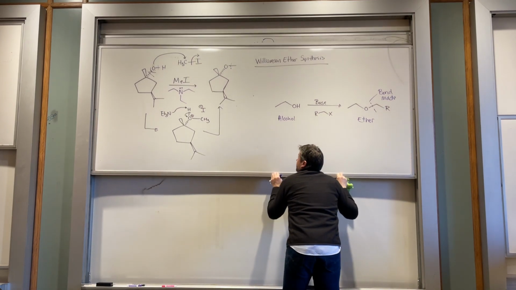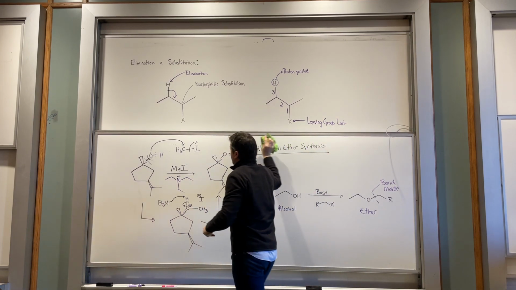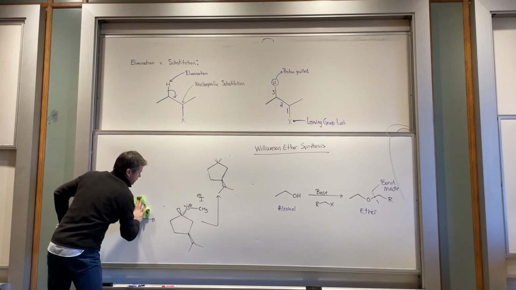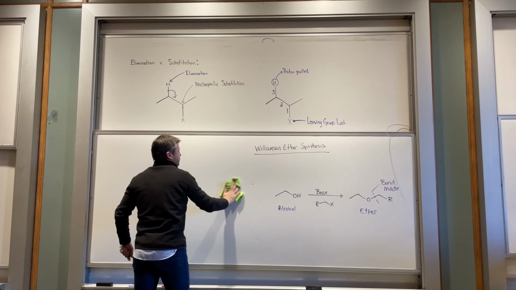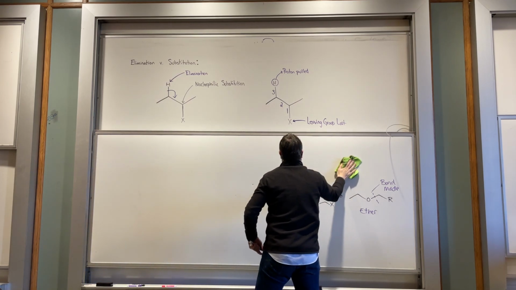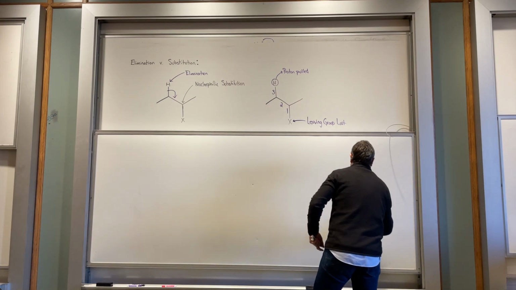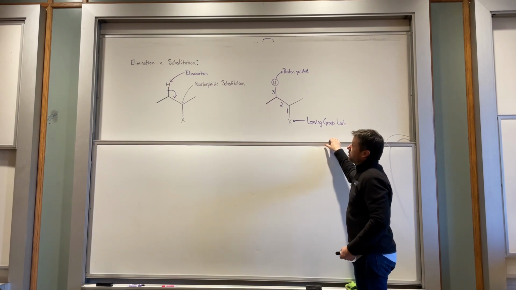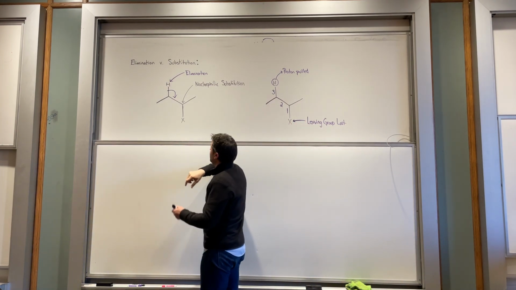So let's shift gears and talk about elimination versus substitution on a practical level. If you look at the simple schemes up top, when something undergoes substitution, the nucleophile has to interact with the carbon. If something undergoes elimination, the base has to interact with the proton.